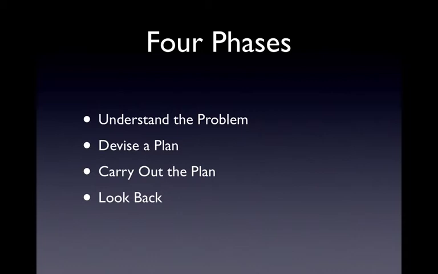By making this thinking process explicit, we can focus on gaining skills in each of these four phases independent of each other. So given a problem statement, you can understand the problem, devise a plan, carry out the plan, and look back.